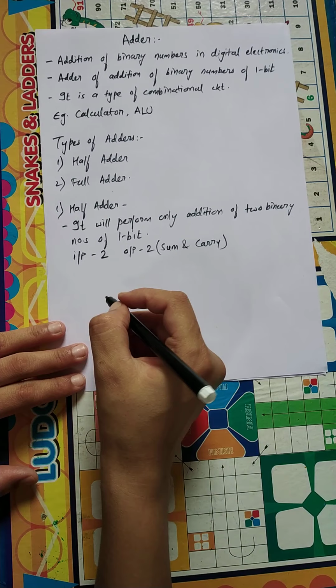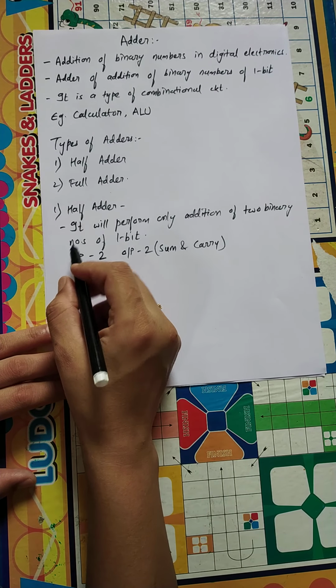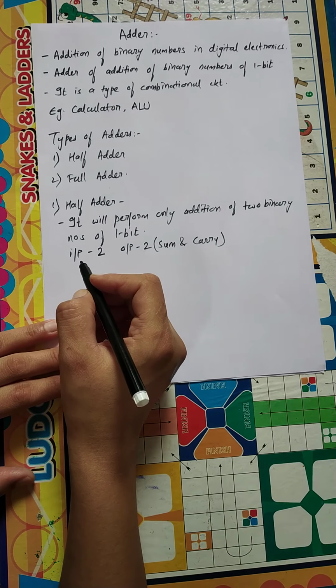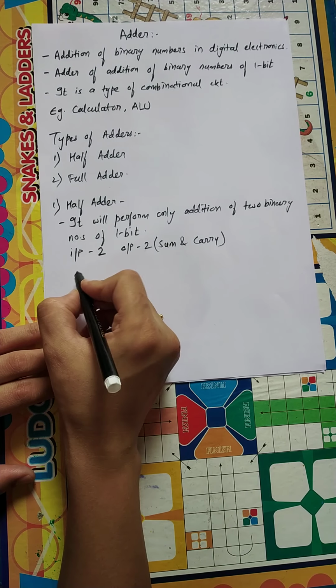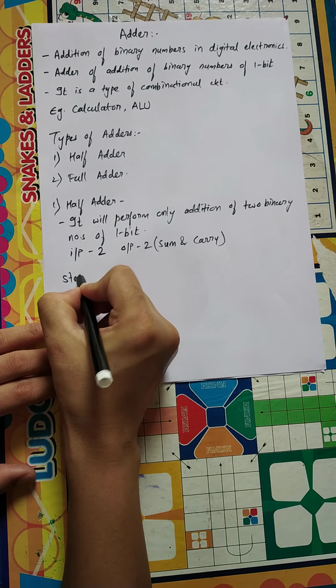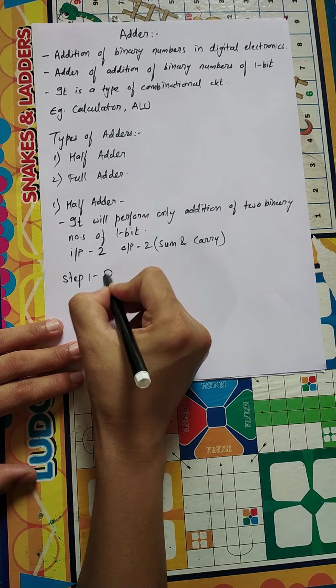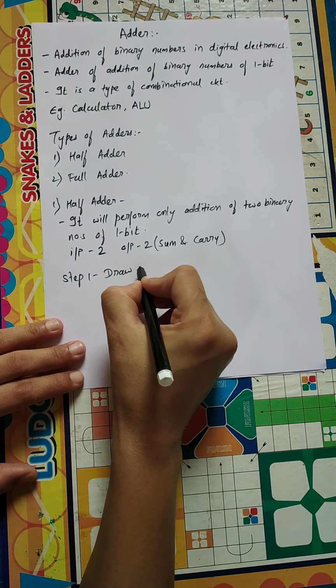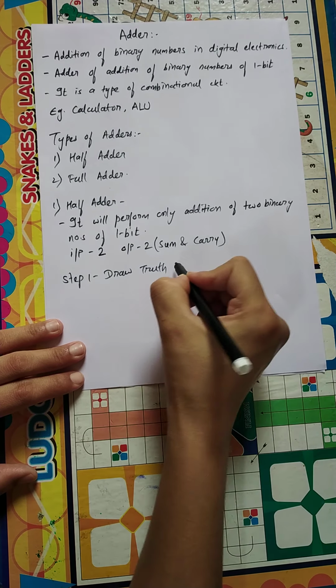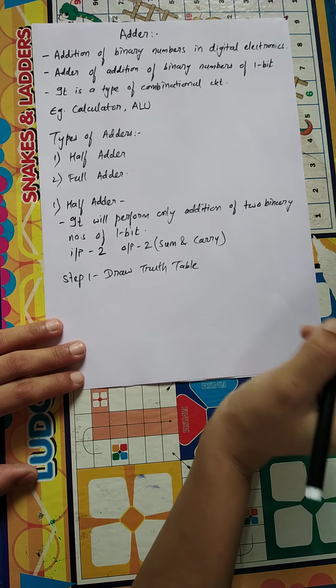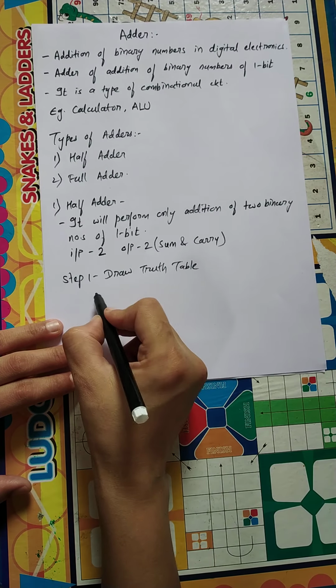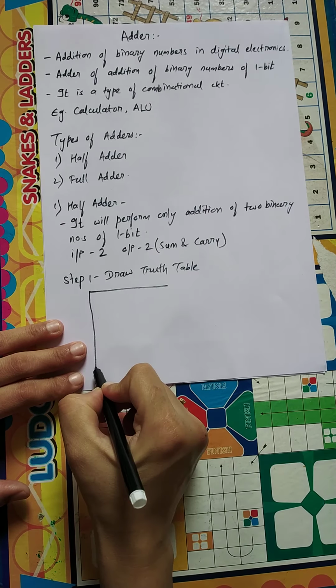Now next, we have to design a circuit for half adder. For designing a circuit for half adder, there are steps. Step 1, we have to draw the truth table. For drawing the truth table, we will require the number of inputs and number of outputs. So how many inputs are there?